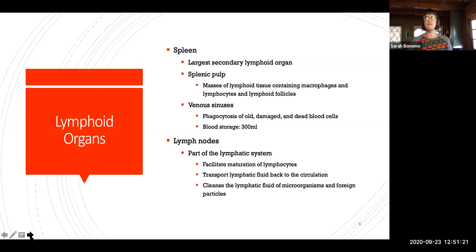And that's part of the venous sinus process, which is when the lymph system detects a problem, an invader, whatever it happens to be, it will identify it. It will send appropriate cells to deal with it, but then it'll clean things up. And so a lot of that happens in the spleen.